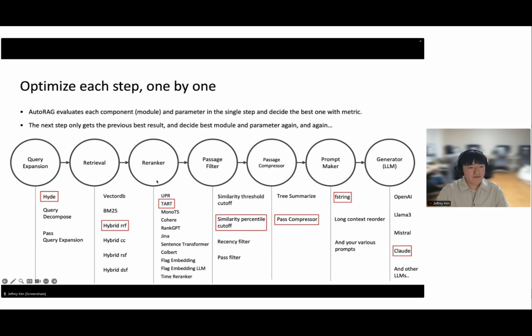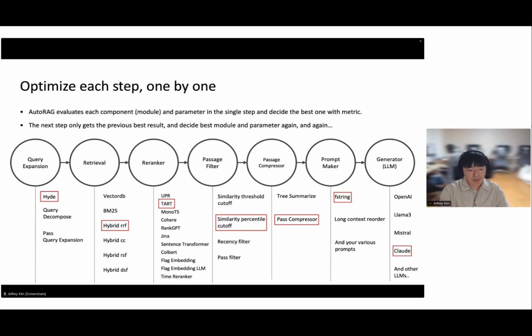But we find this most realistic because there are so many RAG components out there. Testing all combinations one by one is like you must pay like 10,000 bills to OpenAI API cost. And it will take a lot of time to experiment with all.